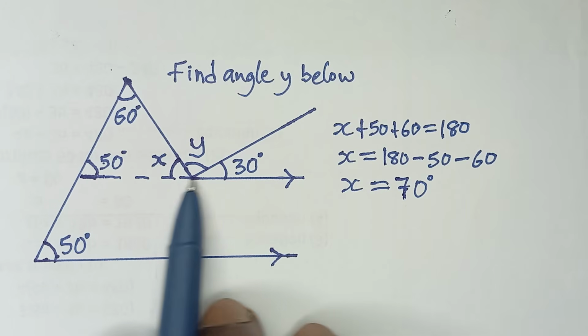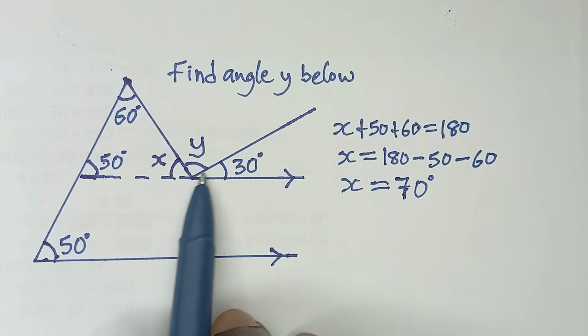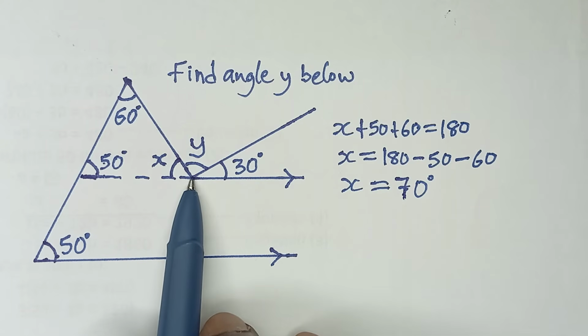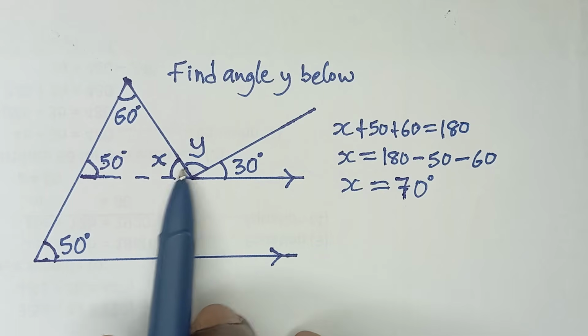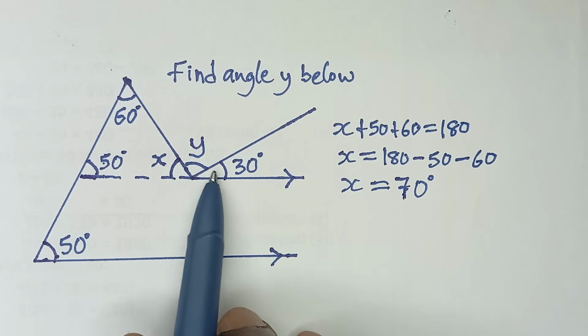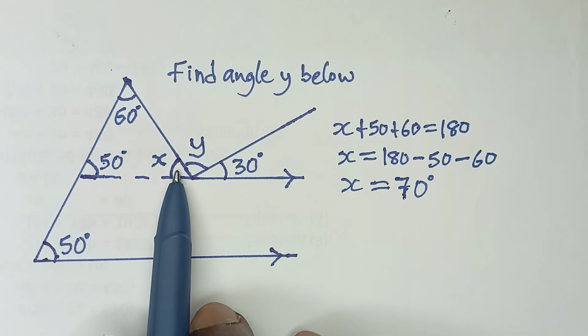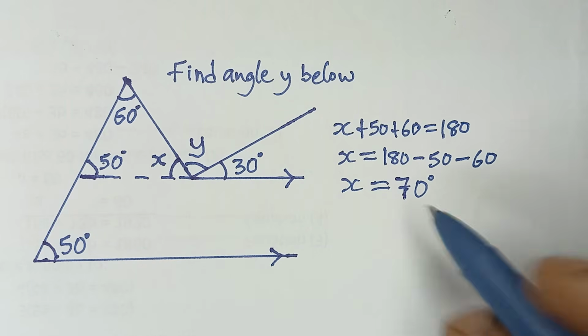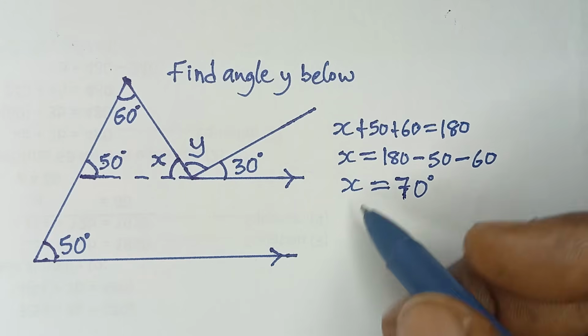So once you have a straight line, and at a particular point on that straight line, you have lines forming angles at that point, all the sum of angles at that point on the straight line will give you 180 degrees. So that gives us x plus y plus 30 degrees will be equal to 180, because sum of angles on the straight line is 180 degrees.